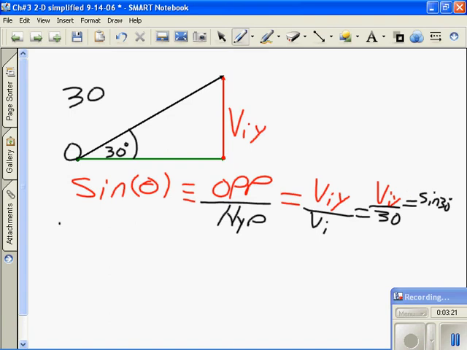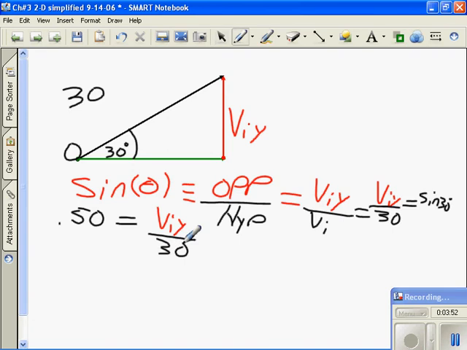Well, if I plug it in my calculator, I'll find the sine of 30 is equal to 0.50, is equal to vi sub y over 30. So that begs the question, what number divided by 30 is 0.5? And of course, it just rips out for 15. 15 over 30 is 1/2. But let's be a little more mathematically rigorous on this.